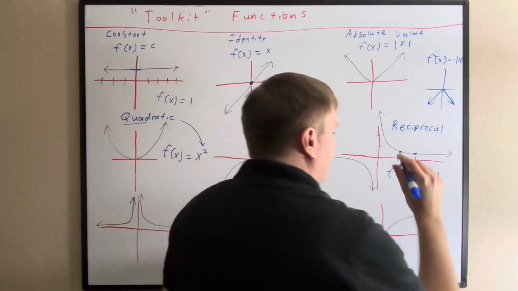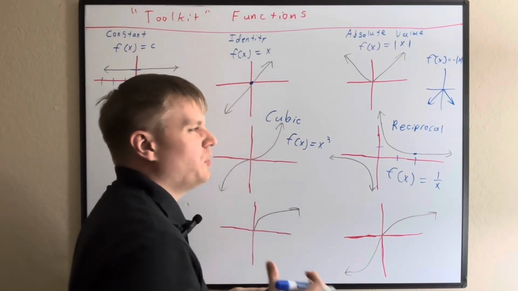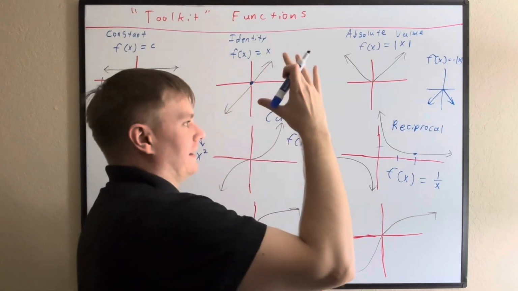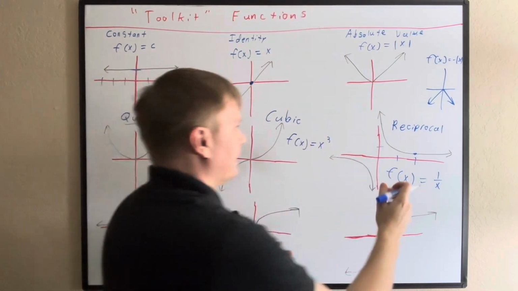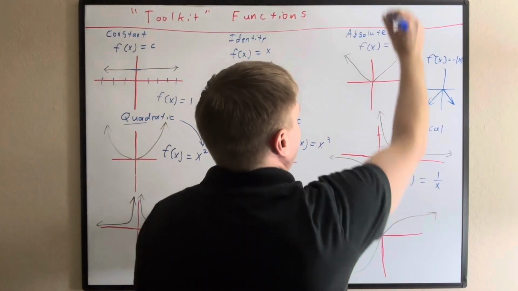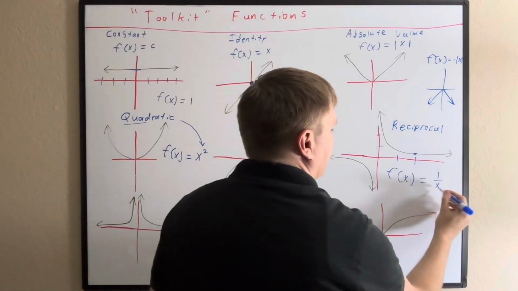Because if you're dividing 1 divided by, say, 0.05, you're actually multiplying it by 20. So your output value gets really, really big, really fast, the closer you get to 0.